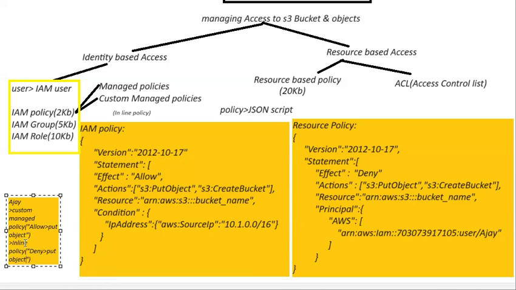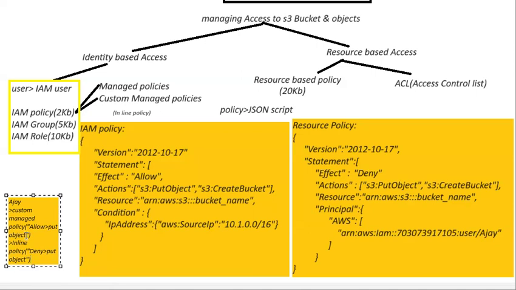AWS first considers this deny policy. So Ajay won't be able to put object based on this deny policy. Next it will check the other policies, except this deny, whether put object is allowed or not. Since no permissions are there, he cannot perform anything.